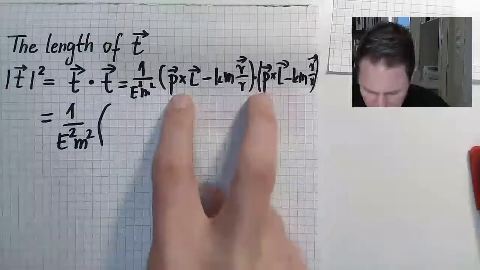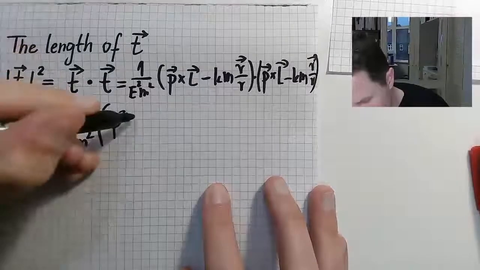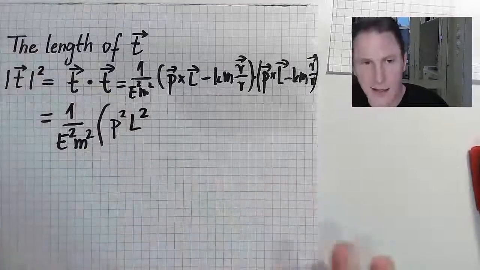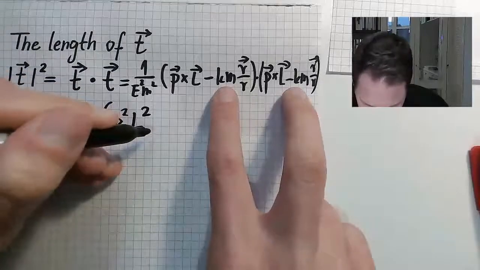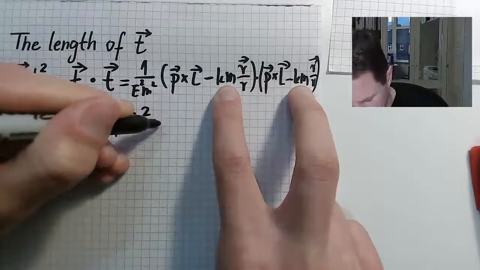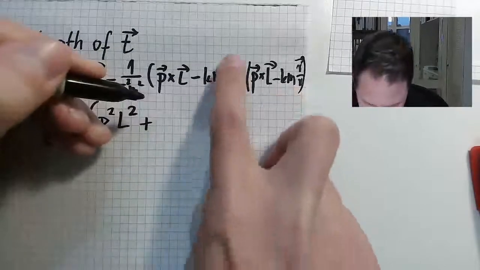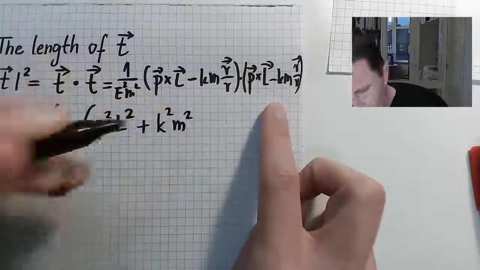Okay, so here we have the length of p cross l squared. That's just p squared times l squared, since they are perpendicular to each other. Then we have these two vectors multiplied. This is a unit vector, so that will give us plus k squared times m squared.